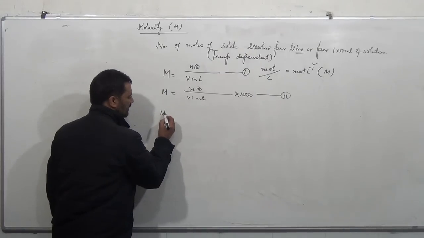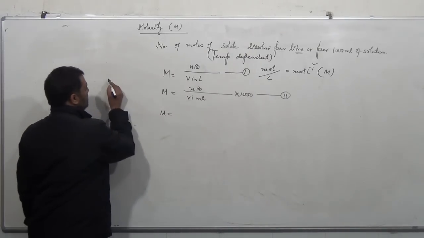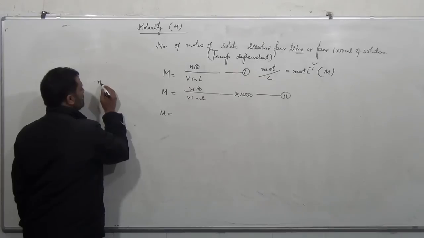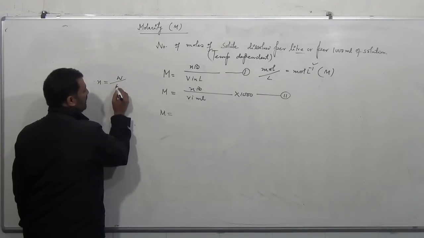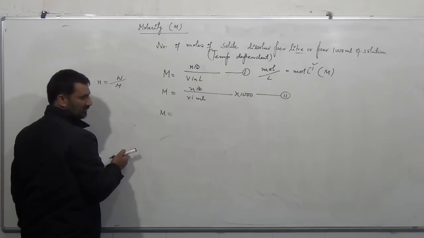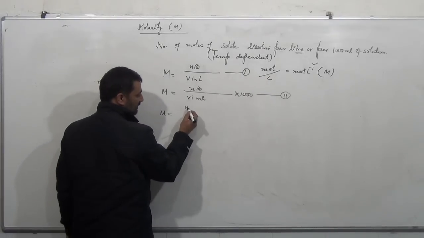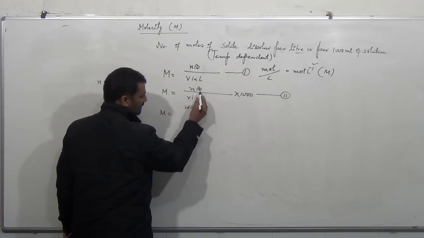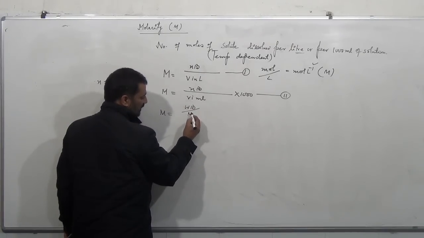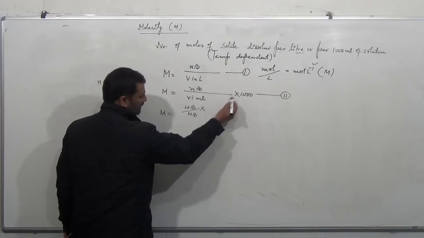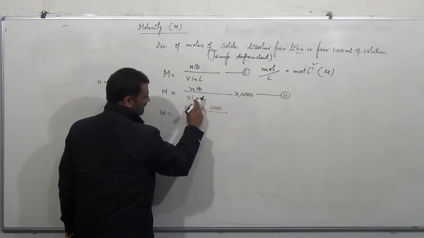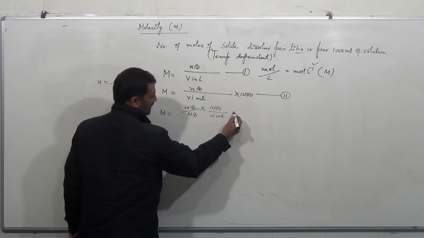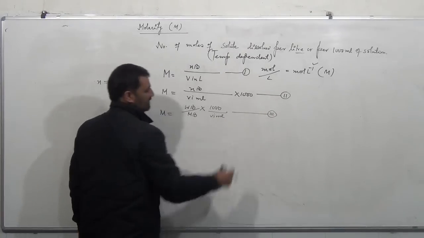As all of you know, the number of moles is always equal to mass in grams divided by molecular mass. So molarity will be equal to mass of solute B divided by molecular mass of B, into 1000 divided by volume in milliliters, and this will be equation number 3.